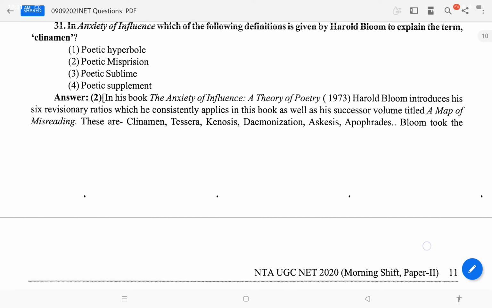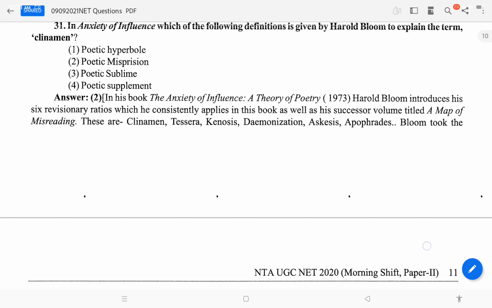They are clinamen, tessera, kenosis, daemonization, askesis, and apophrades. So in Bloom's book, you can read the definition of these revisionary ratios.